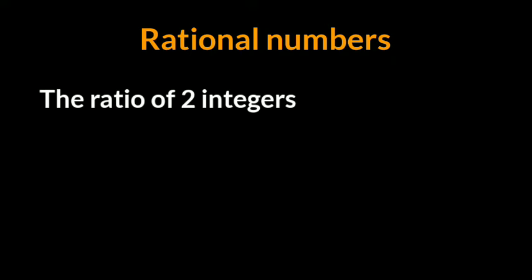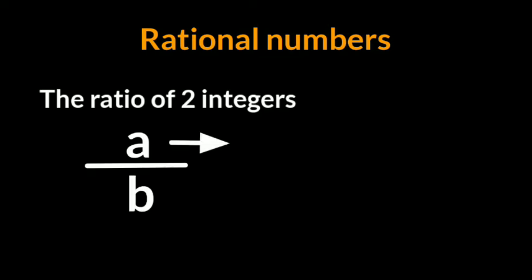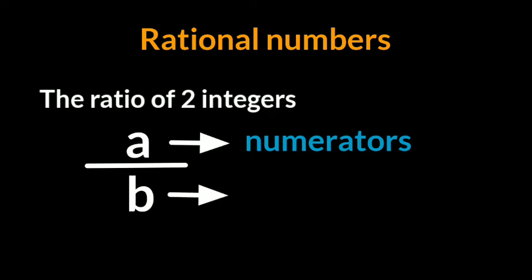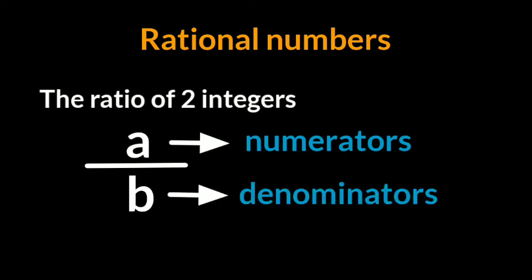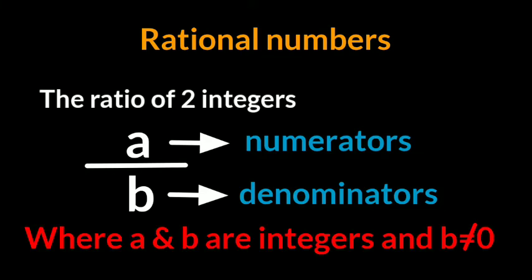We already know what integers are. And it can be written as A over B, where your A are called numerators and your B are called denominators. Where A and B are integers and B is not, I repeat, B is not equal to 0.